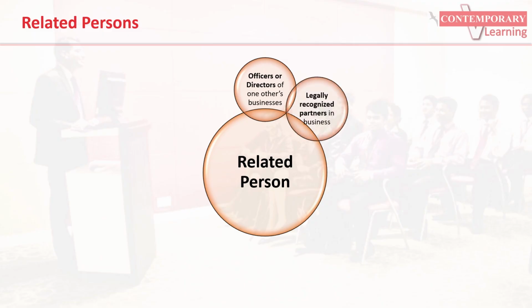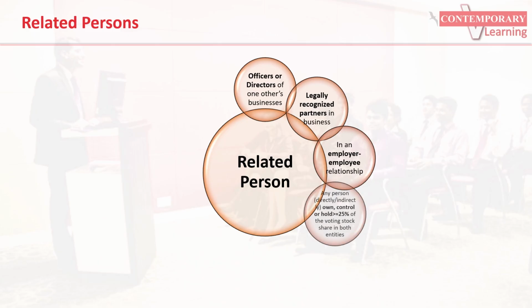Second, legally recognized partners in business. This covers all forms of business partnerships. Third, persons in an employer-employee relationship are related parties. Fourth, any person who directly or indirectly owns, controls, or holds 20% or more of the voting stock or share in both entities. Fifth, when one person directly or indirectly controls the other.